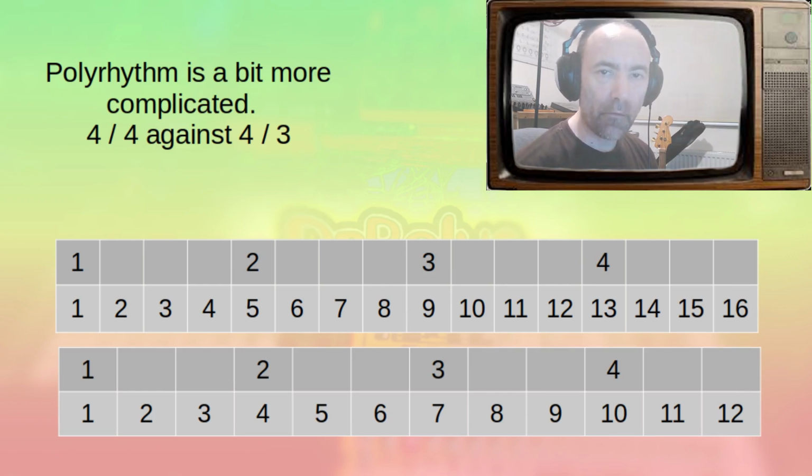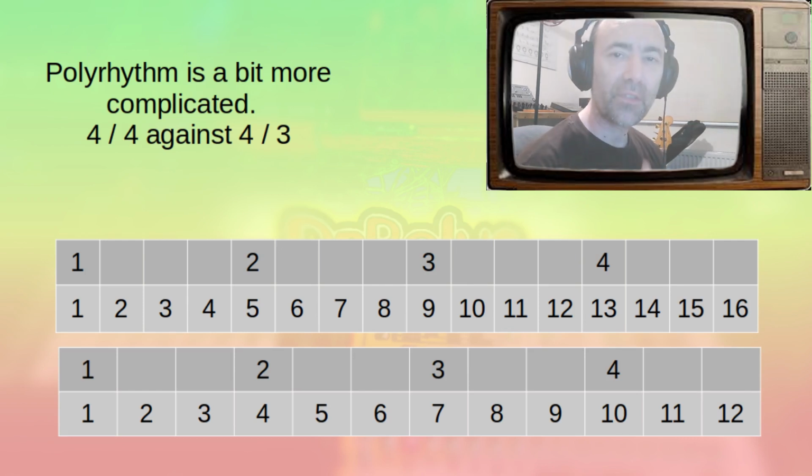We've only got 12 steps to play with, and that means that we're going to have to change the way that they line up with each other, which is blissful on the model samples. We want the beats to fall in exactly the same place. So beat 1 to line up with beat 1 in the 4/4, and beat 2, 4/4 and 4/3, they should all line up together. It's only the divisions between.